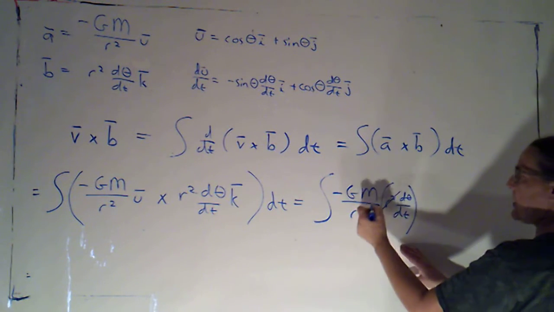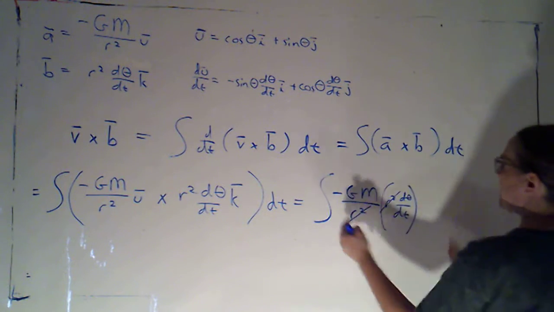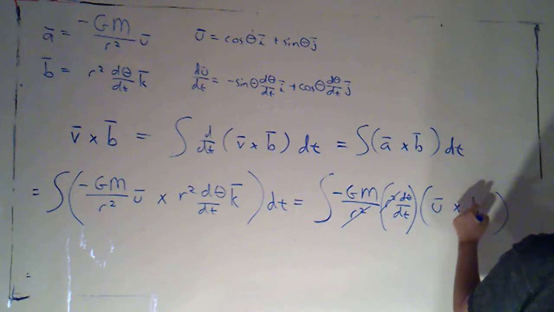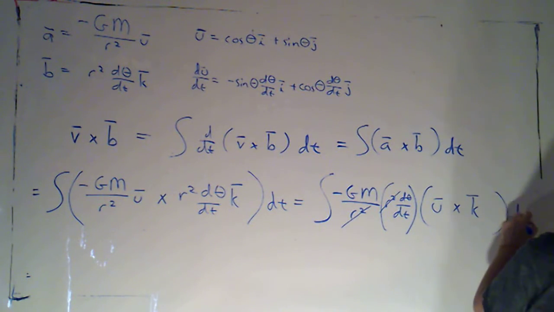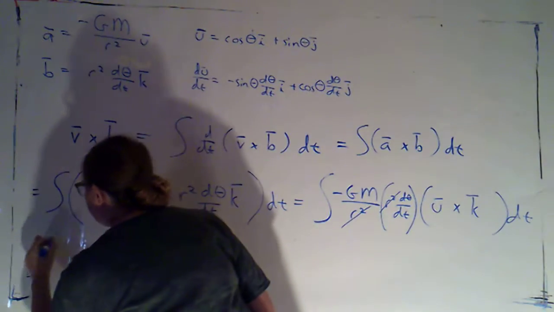I can see those r squareds are going to cancel, and then I'm using this resulting scalar to scale u crossed with k, and then we'll integrate that with respect to t. Let me just write that a little bit neater.